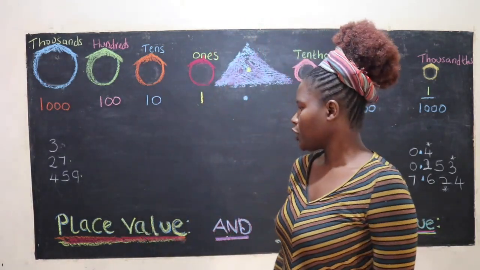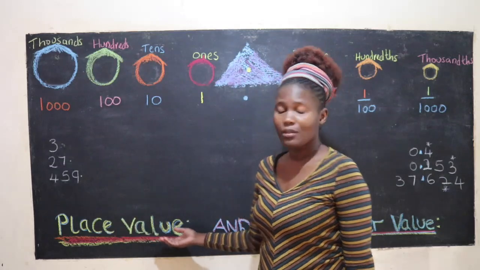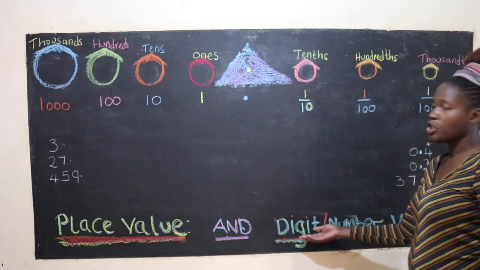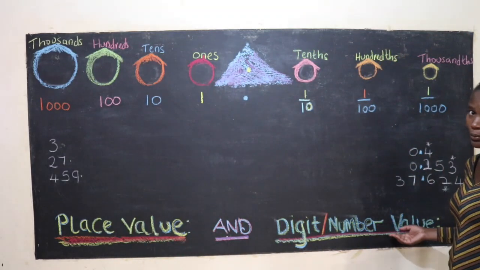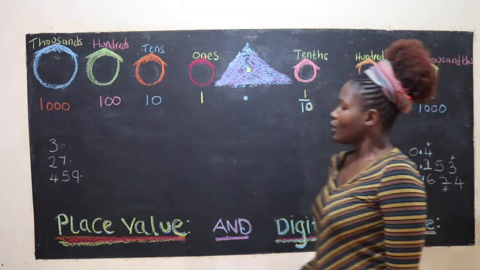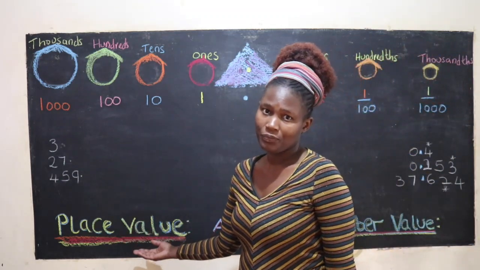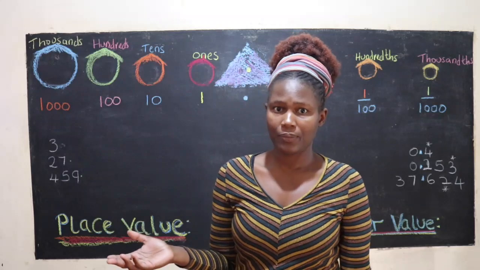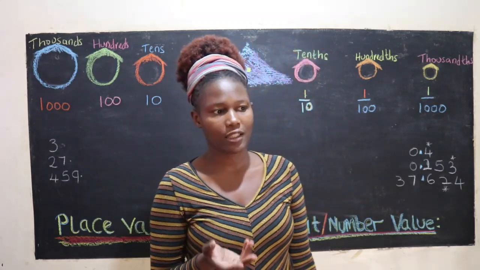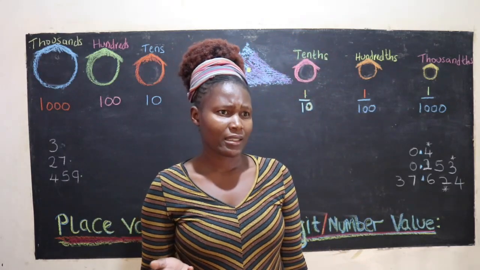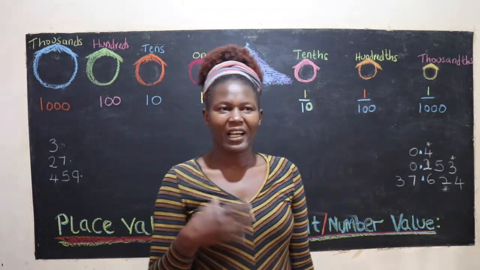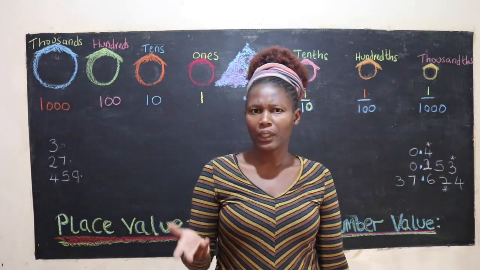Today we're going to do place value and digit or number value. When you think about place, we think of a name. The same way someone could ask you, what's your place? Where can I find you? Where do you live?